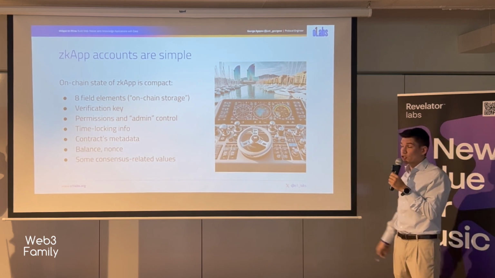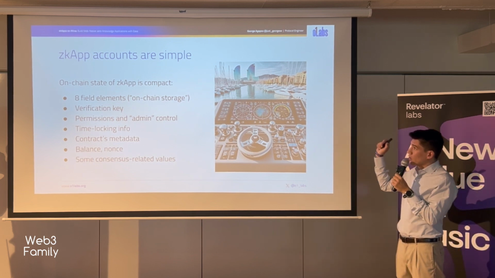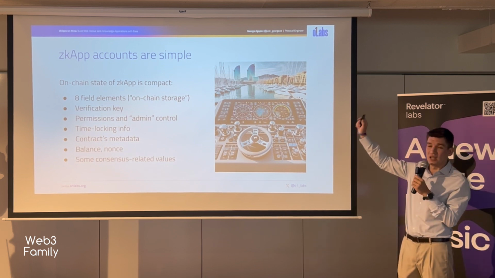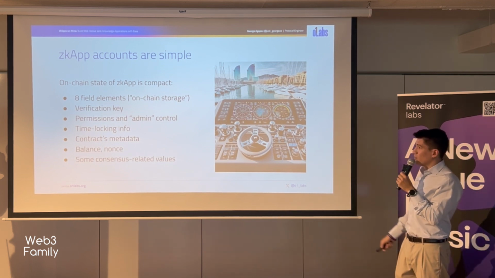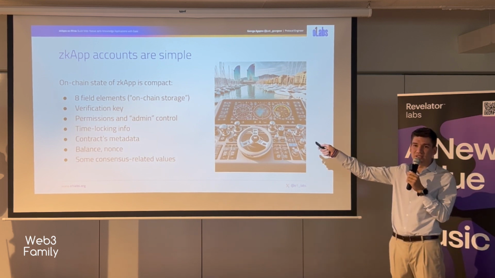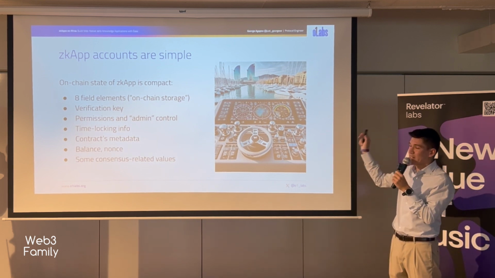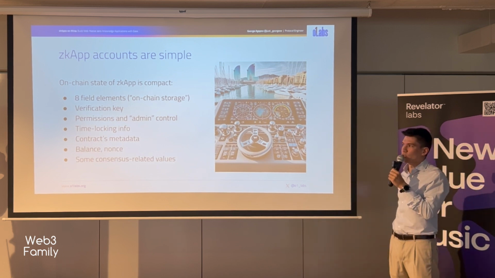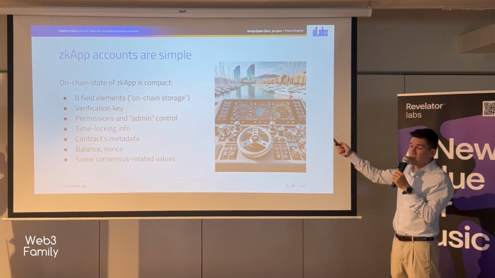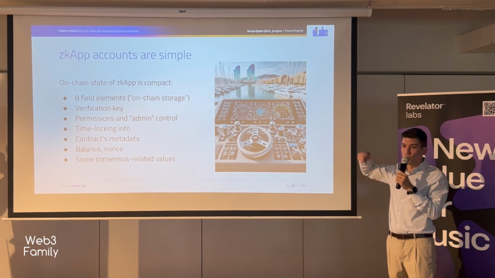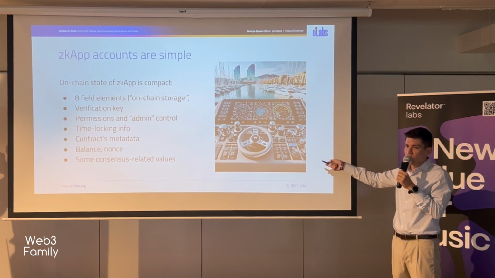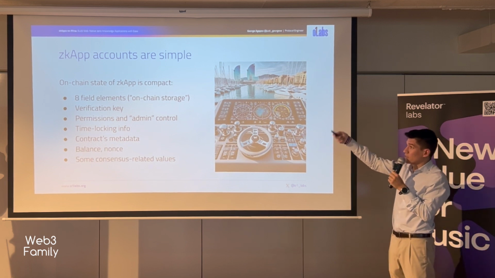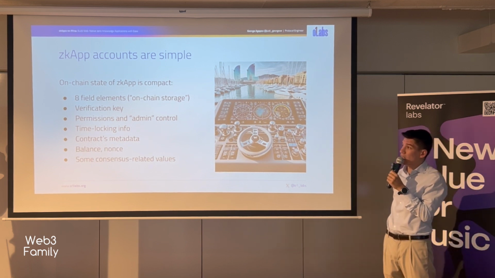So what we keep as an account on the blockchain is a definitive list. You have eight 32-byte values, which are the on-chain storage. Honestly, you could go with even one, but eight is just for the convenience of app developers. You have a verification key, which o1js gives you after you compile this program, and it allows you to verify any transactions coming against this ZK app.